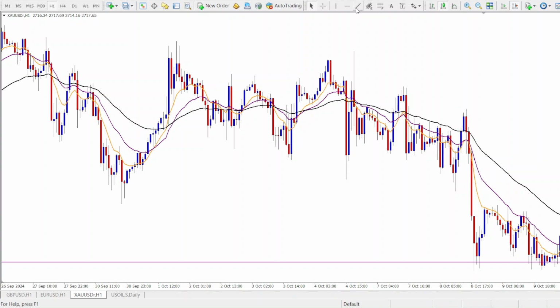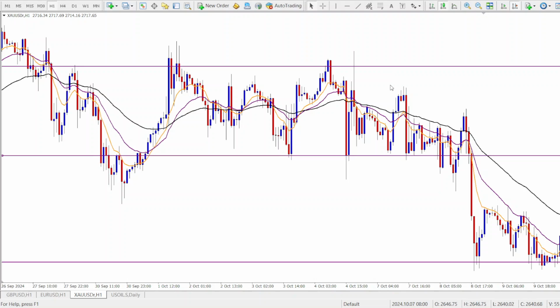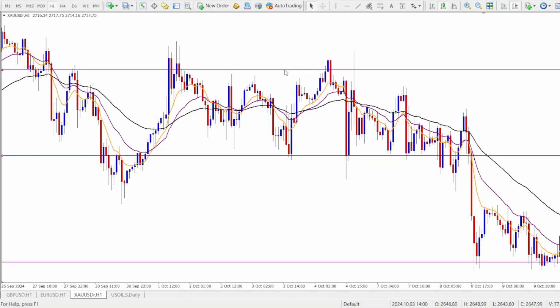So for example, let's say you have a ranging market. This one is mostly for ranging markets, okay? So let's say you have a ranging market, price is going sideways. Whenever you have a sideways market, you will notice that the moving averages are usually going sideways.